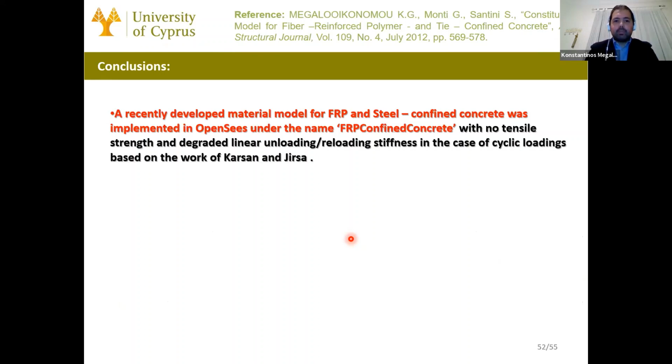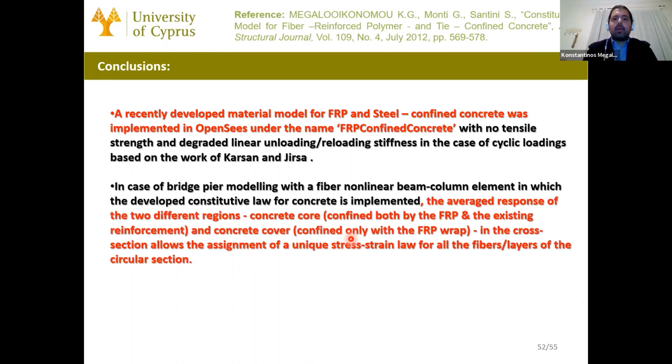And the advantage of the modeling is that you apply a single constitutive law for all the fibers, concrete core and concrete cover, even if the concrete core is confined with both FRP and steel, and the concrete cover only with FRP. That is taken into account by the model, and you apply the single constitutive law.